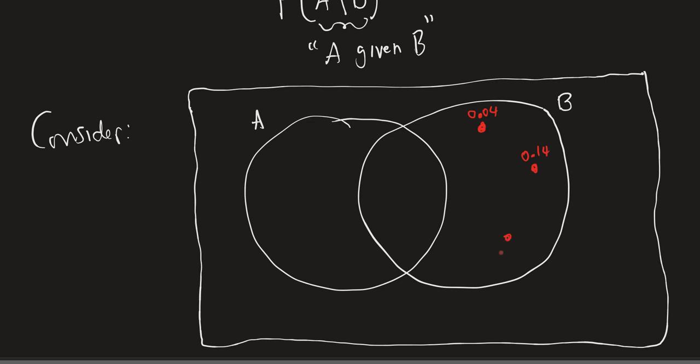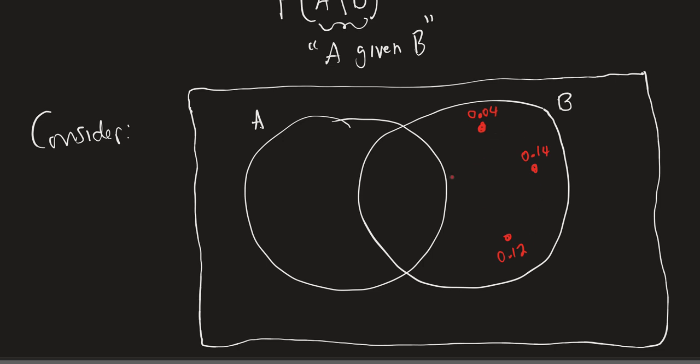And then this one down here, probability 0.12, right? So in other words, these are the three outcomes, or sometimes they're called simple events, meaning just one specific outcome. These are the three simple events that would lead to only B occurring, right? So these three are only in the B region.